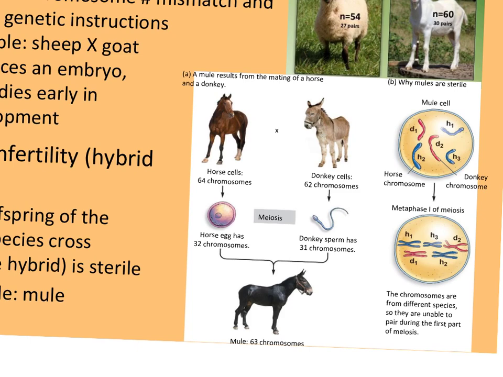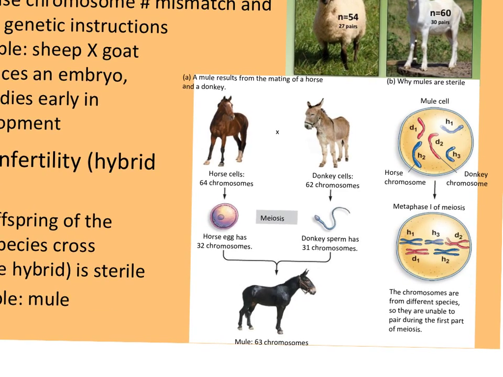Okay, and then hybrid infertility. We've got a donkey and a horse, and the mule. Donkeys have 62 chromosomes, that's 31 pairs, and horses have 32 pairs, 64 chromosomes, right? And so they actually produce a zygote.